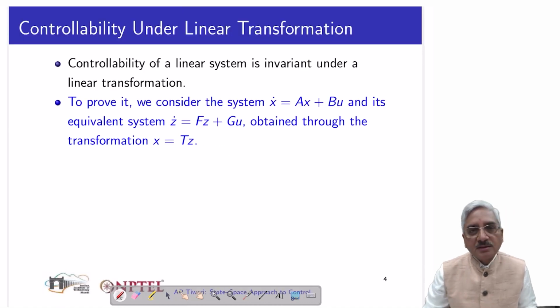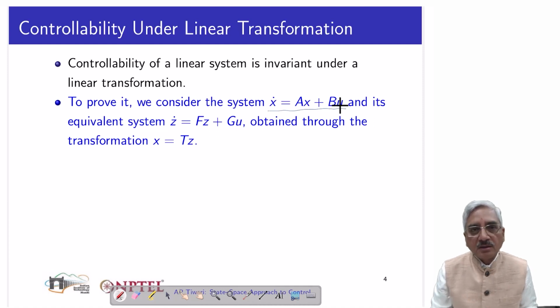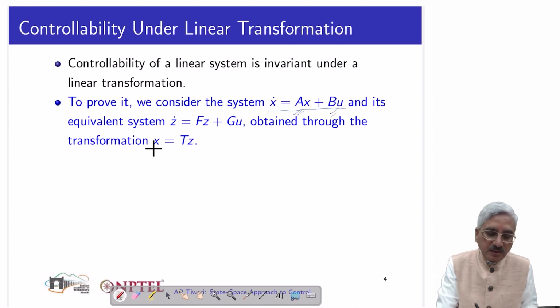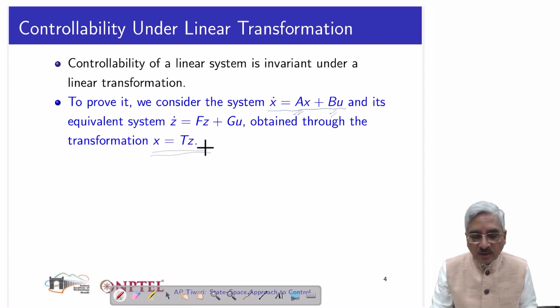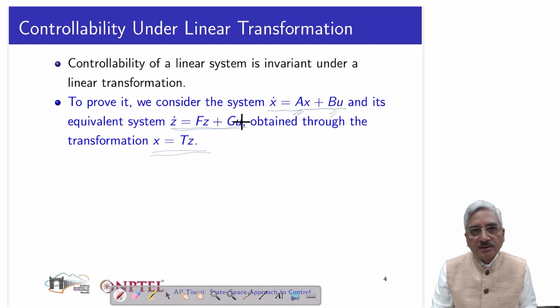To prove this, we consider the dynamic system x dot equal to Ax plus Bu, where the system matrix is A and the input matrix is B. Through a similarity transformation x equal to Tz, this system is converted to an equivalent system z dot equal to Fz plus Gu. The matrices characterizing the system here are F and G.